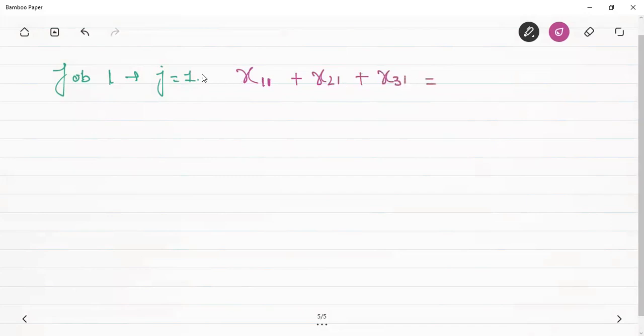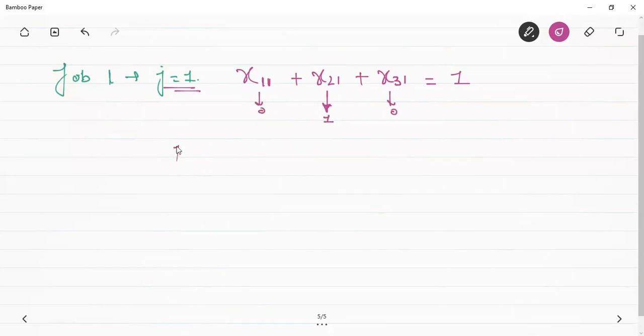Because I have kept j equal to 1, for job 1 either it will be performed by the first worker, or the second worker, or the third worker. This summation should be equal to 1. Obviously, the worker who performs this job will have the value of 1. Suppose the second worker is performing job number 1, I can say that this value will be equal to 1, and job number 1 won't be performed by worker number 1 or worker number 3. Therefore these values can be 0.